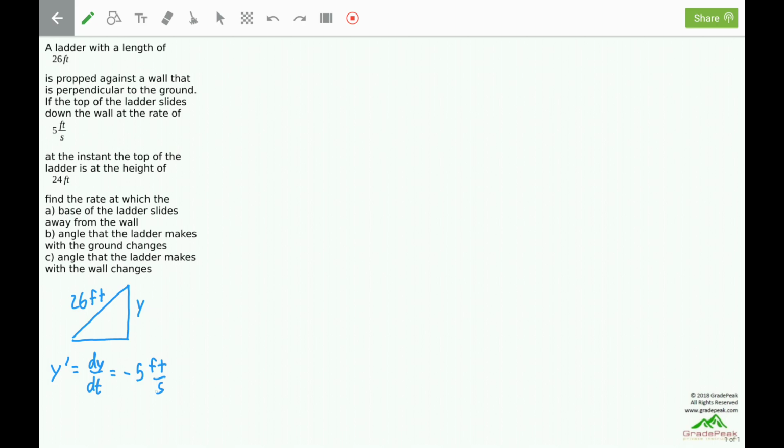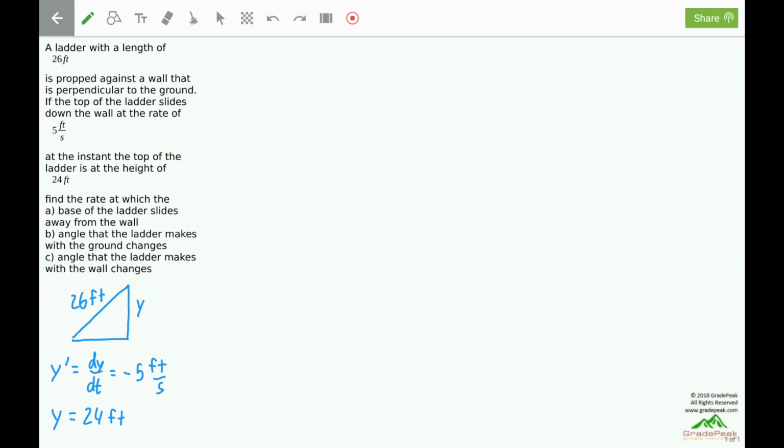And we want to look at the instant the top of the ladder is at the height of 24 feet. That will be y is 24 feet.